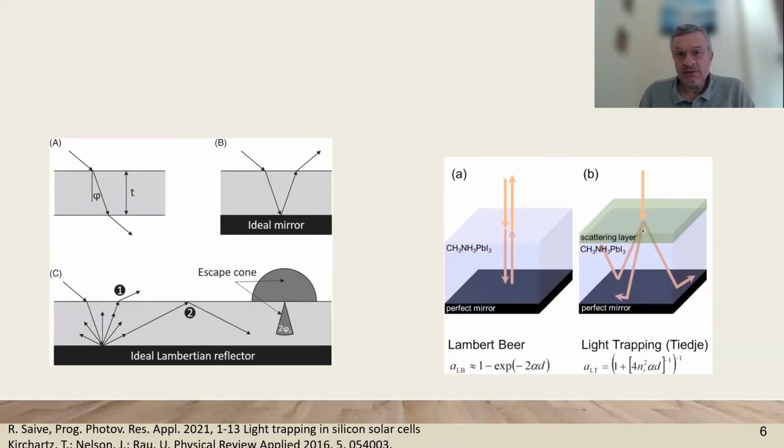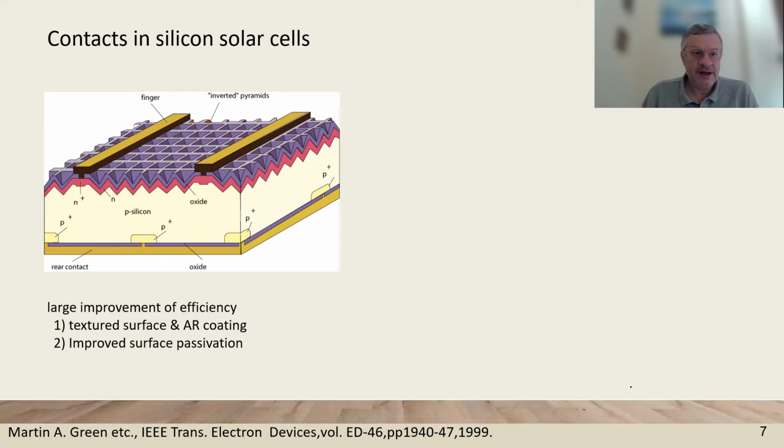So when using a scattering layer, the light is randomized, and then this reduces the probability of the escape, and the density of light inside the solar cell increases, and this light trapping scheme increases by a factor of n squared, where n is the refractive index of the material, and this is called the Yablonovitch limit.